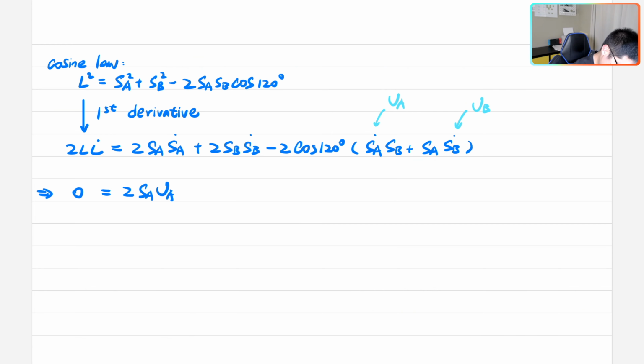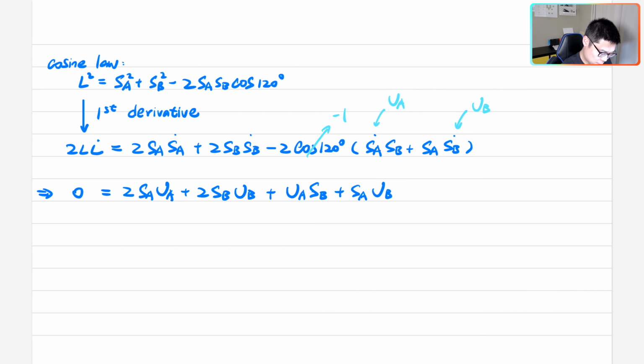I'm changing this SA dot to VA, plus 2SB VB, plus VA SB plus SA VB. In case you're wondering, this cos 120 degrees is -1.